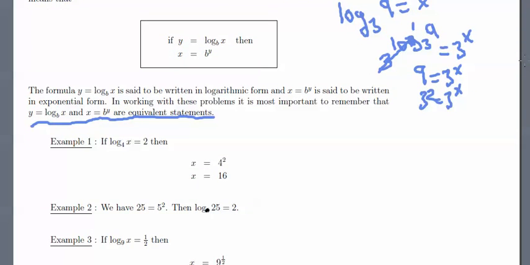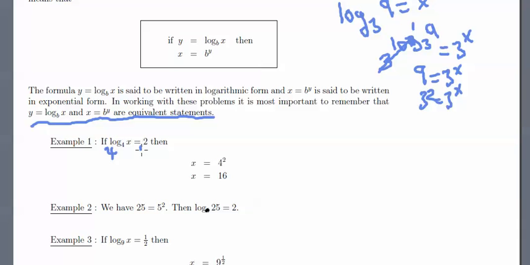Alright, so now we have an example. Example 1: log base 4 of x is equal to 2. The important thing to remember is always the base. The base of the log is 4. So if you want to get rid of this log term, we raise the whole equation to the power with base 4.